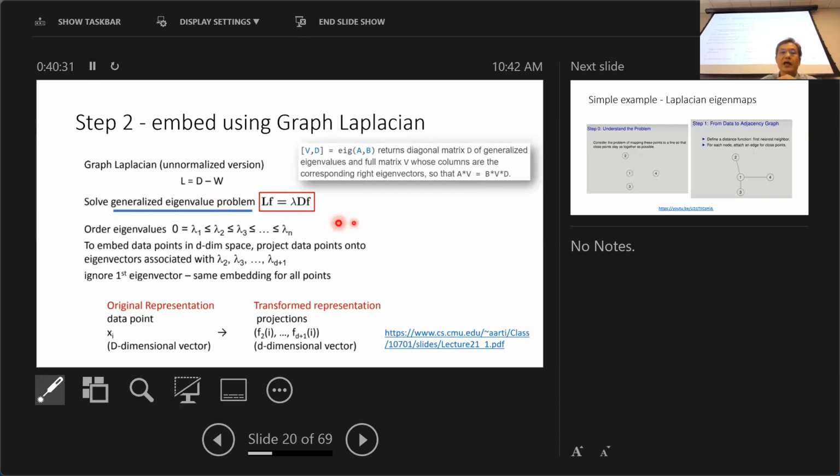Then we are going to apply the so-called generalized eigenvalue problem. L and D are two square matrices, and we will find F, where F is the set of eigenvectors, and lambda is the eigenvalues.